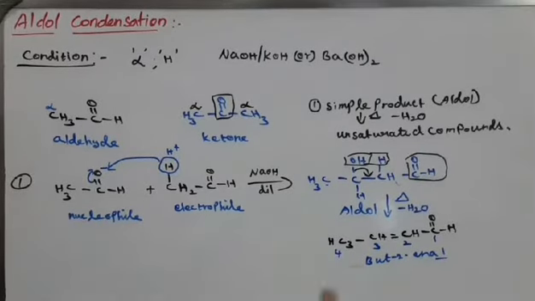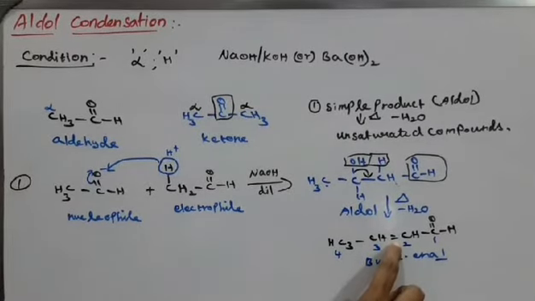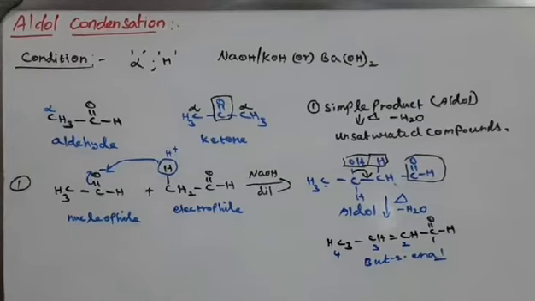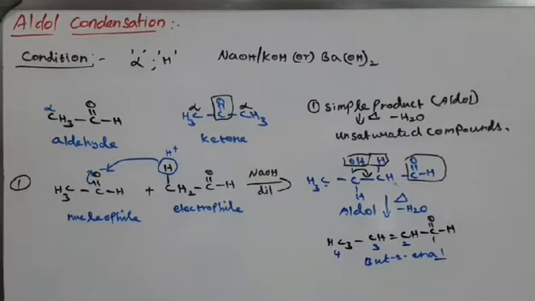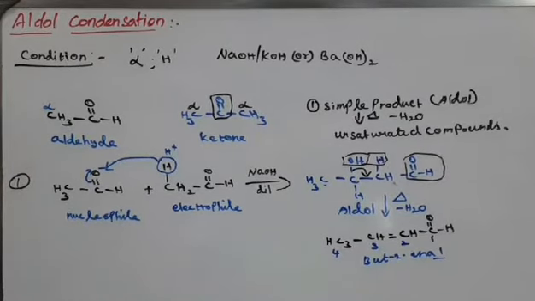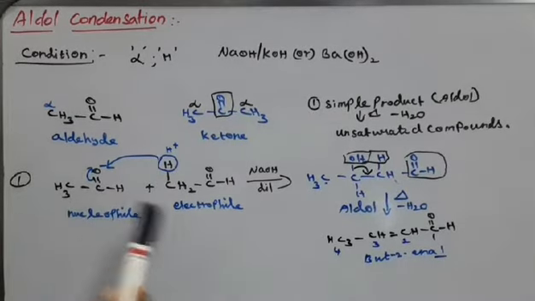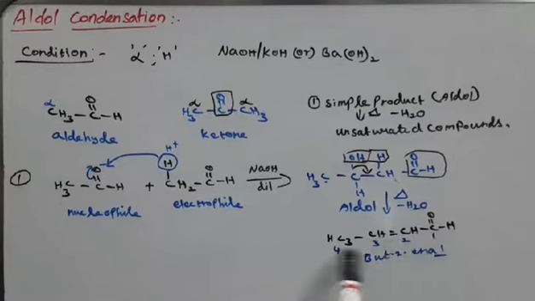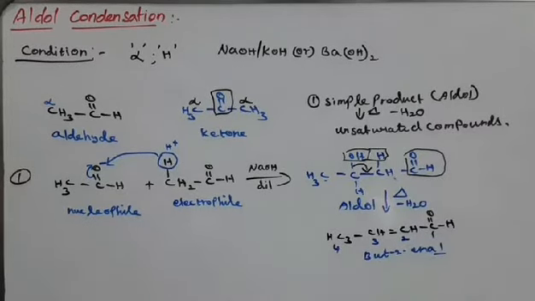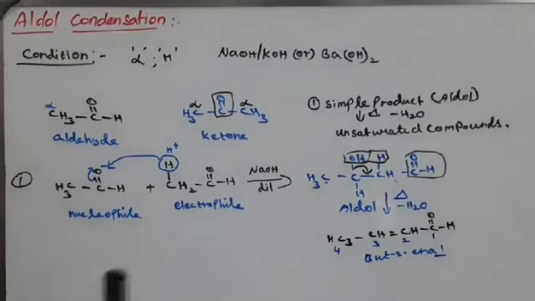Why is it unsaturated? Because of the presence of the double bond here. You see, earlier it was 2 carbon atoms, and here 1, 2, 3, 4 carbons, so a double bond is formed. This is special about aldol condensation.